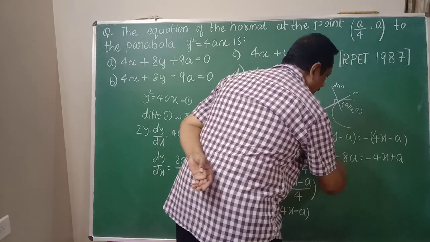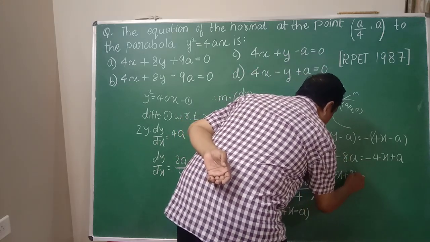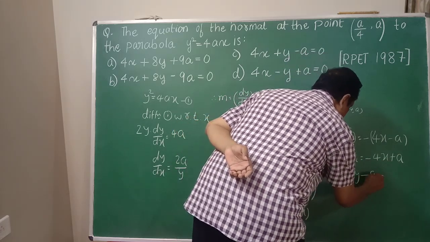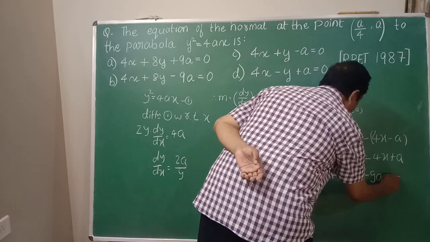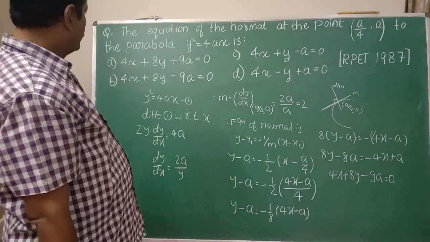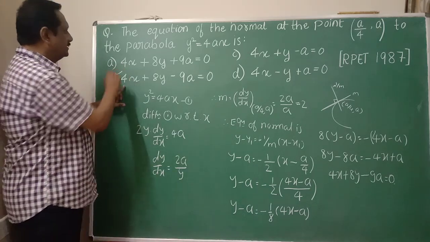Take both terms to the left side: minus 4x becomes plus 4x, plus 8y, minus 8a minus a becomes minus 9a, that is equal to 0. So 4x plus 8y minus 9a is equal to 0. Hence B is the correct option.